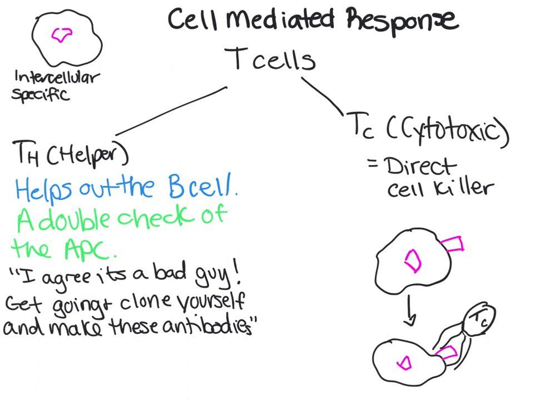So the cytotoxic T cell will see that, and it will attach to that body cell. And once it attaches, it sends a signal inside that cell. It says, yep, you are right. You are infected. I'm sorry, but you need to die. And it sends a signal in so that that cell can die, and therefore the pathogen cannot proliferate outside of that body cell.